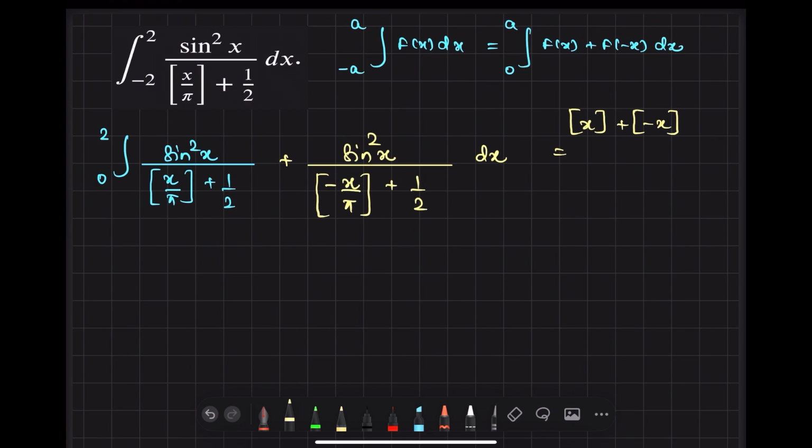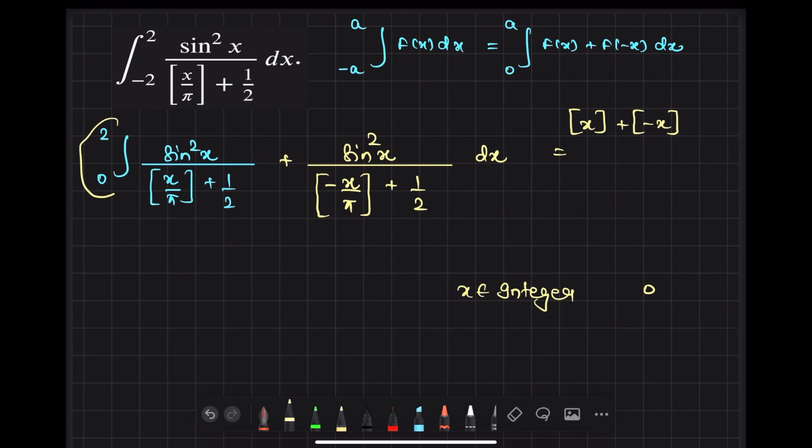Then what will happen? If x is an integer, suppose x is 5. So box 5 will become 5 and box of minus 5 will become minus 5. So at an integer it will become 0. So at integers we need not worry. This thing will become 0.